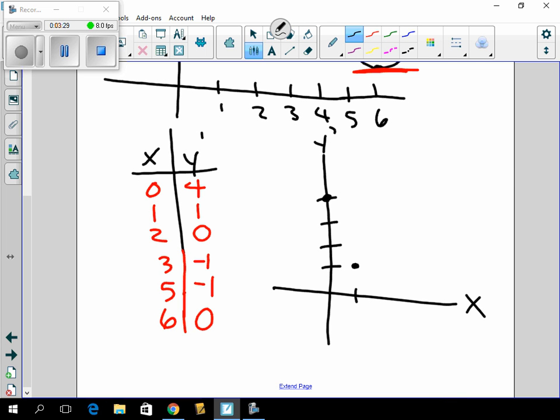At 2, my slope was 0. At 3, my slope was -1. And then 4, I'm missing, and then at 5, my slope was -1 as well. And then at 6, my slope was 0.